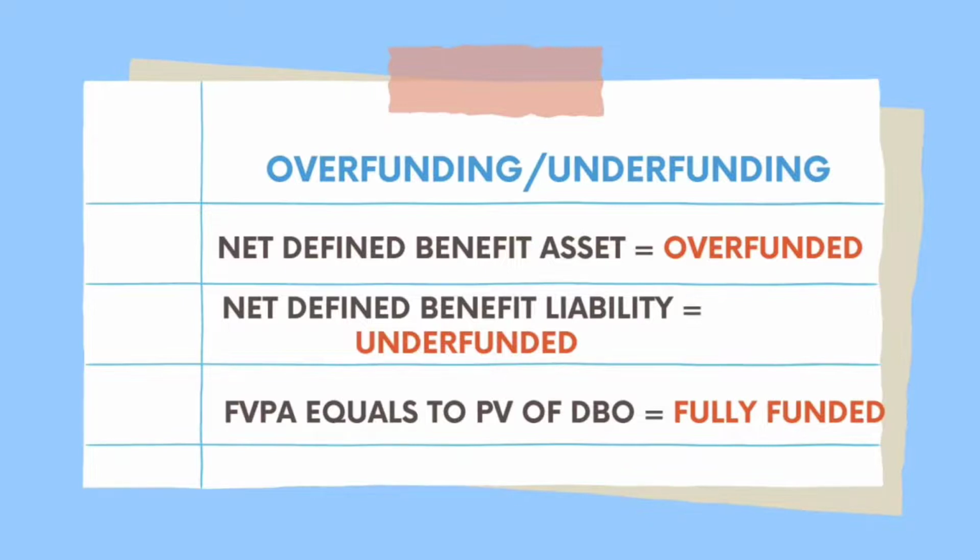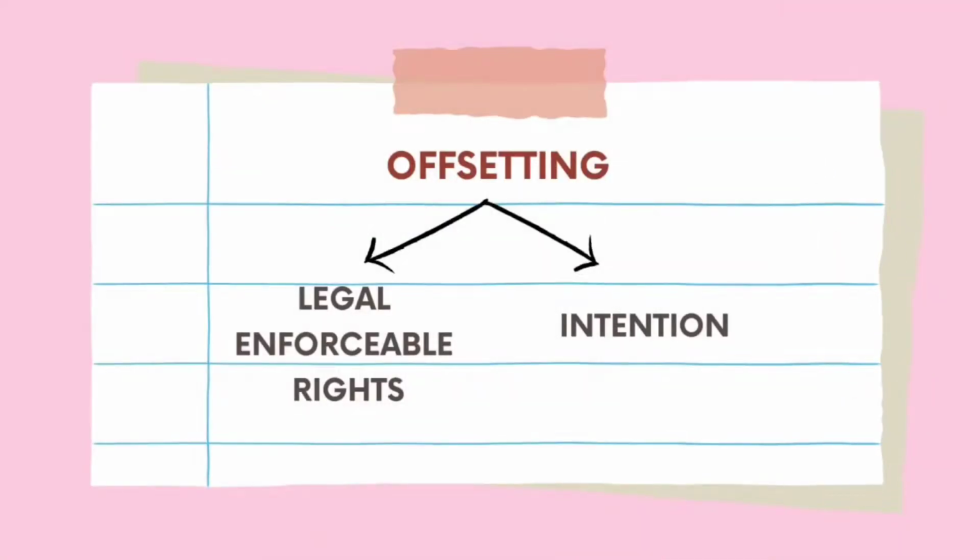Let's proceed to other long-term employee benefits. Offsetting will only occur when these two are present. First is a legally enforceable right to use a surplus in one plan to settle the obligation under another plan.